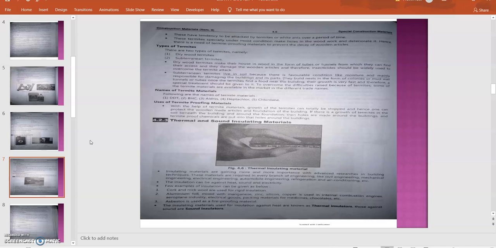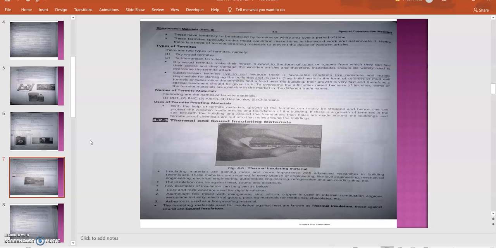That's why termite chemicals are usually spread over the areas which are liable to attack by termites or white ants over a period of time. Especially under moist conditions, they make holes in woodwork, or sometimes deteriorate the steel and different furniture. So this needs to be termite proof.